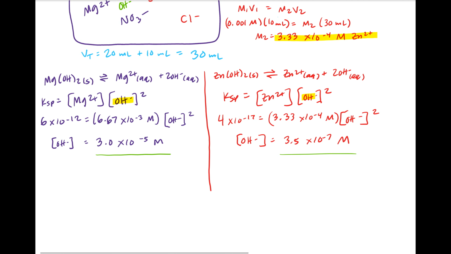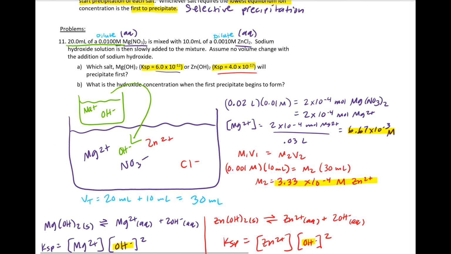You always go with the lower molarity, meaning that the zinc hydroxide requirement of 3.5 times 10 to the negative 7 is going to be met before the magnesium hydroxide requirement of 3 times 10 to the negative 5, because this 10 to the negative 7 is a smaller value and it will be met first as that hydroxide is being slowly added. So the answer for letter A is zinc hydroxide.